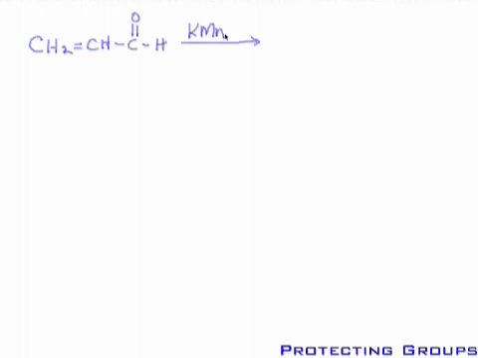If you remember your alkene chemistry, if you use KMnO4, cold, dilute, in base, you could get syn addition and make a diol. You can make CH2OH.